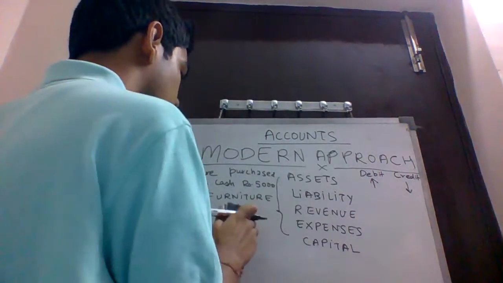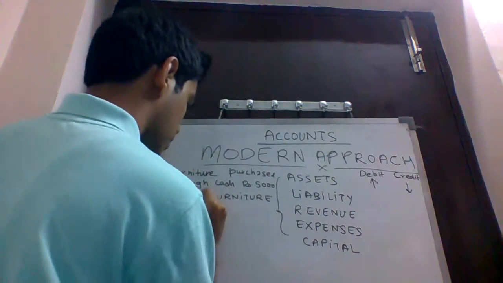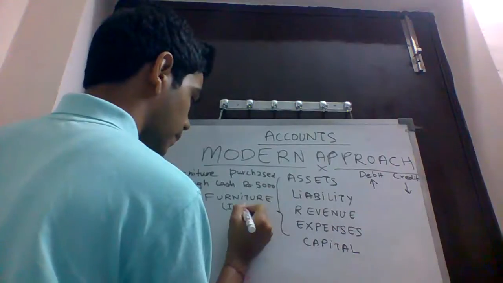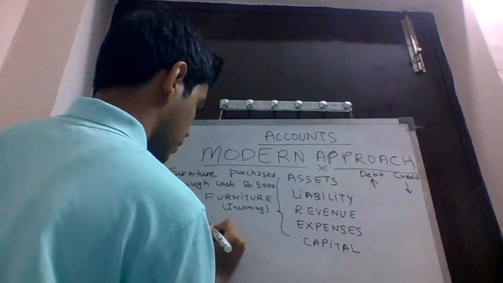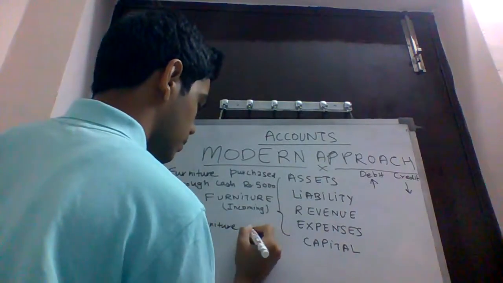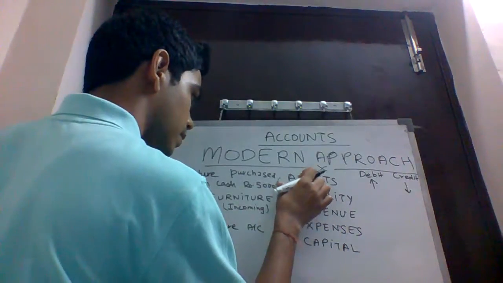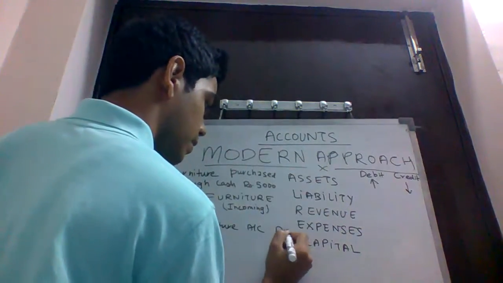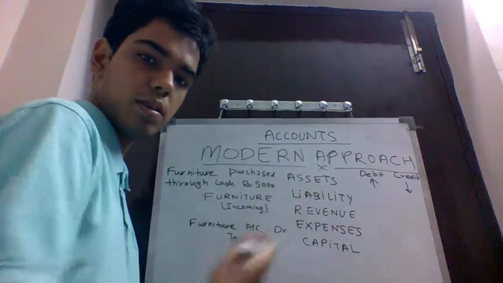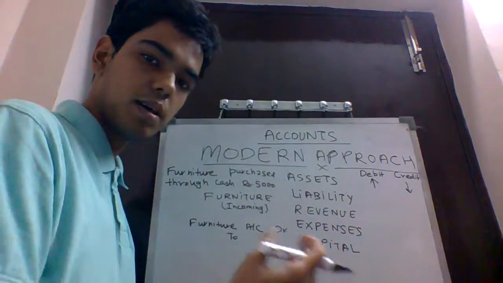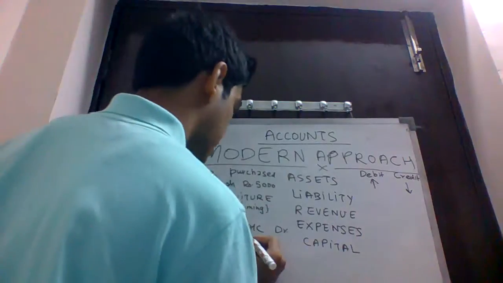So, it is the furniture which shall be debited: furniture account debited, to what is going out, cash.